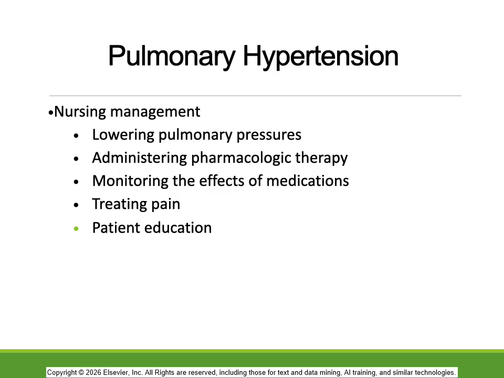So nursing management is going to monitor those symptoms, monitoring their hemodynamic status, making sure they've got their medication therapy on board. They may need treatment for pain, and sometimes a palliative consult will occur with these patients pretty early.